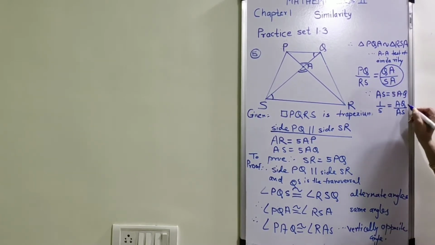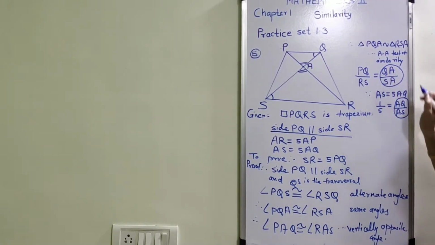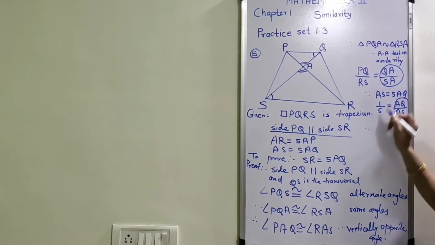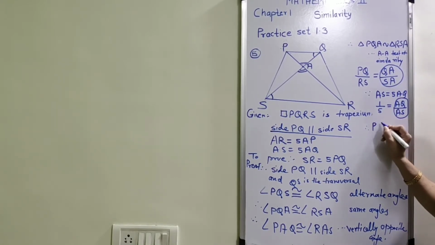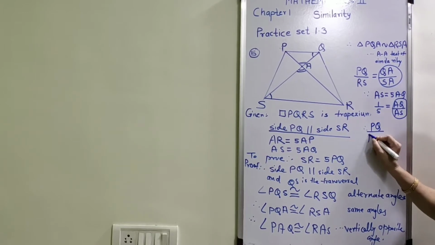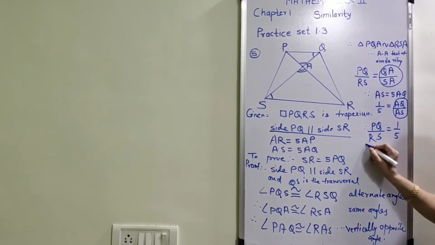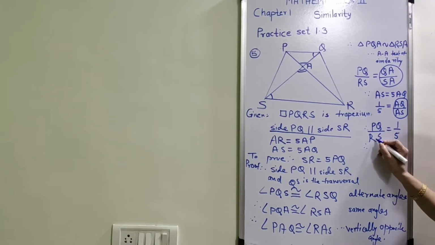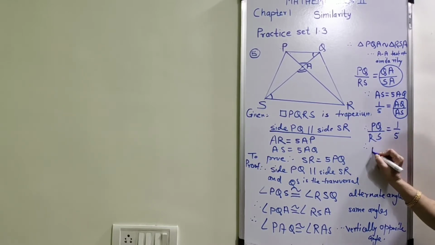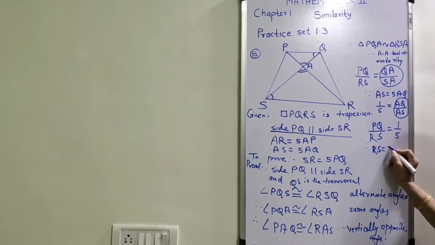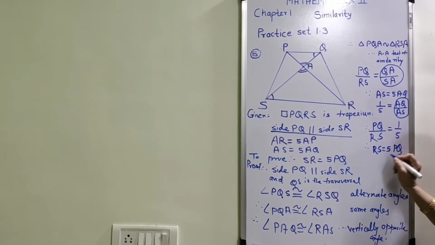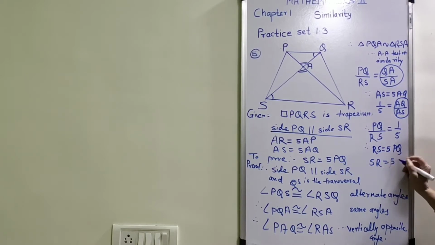QA upon SA is equal to QA upon AS. QA, AQ and SA, AS, and therefore from these two statements PQ upon RS is also 1 upon 5. Cross multiplying, I will get RS is equal to 5PQ or SR is equal to 5PQ.